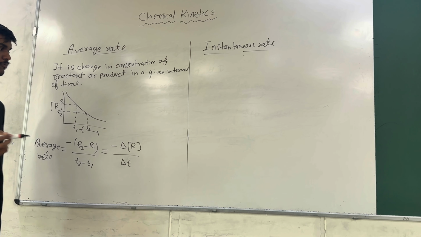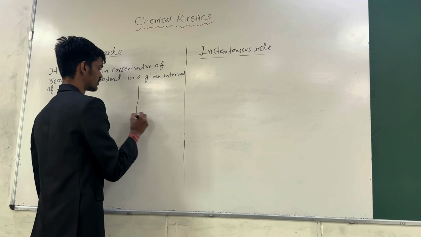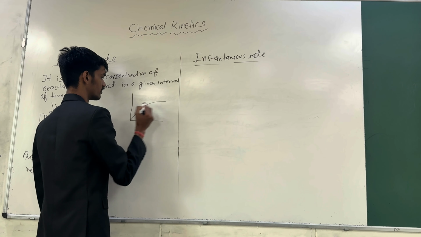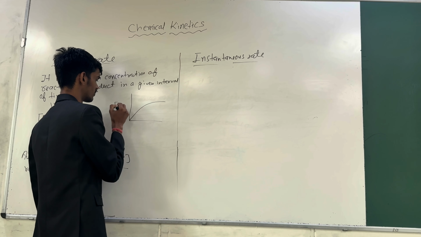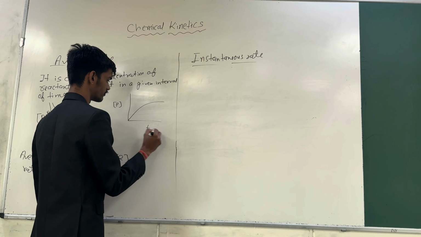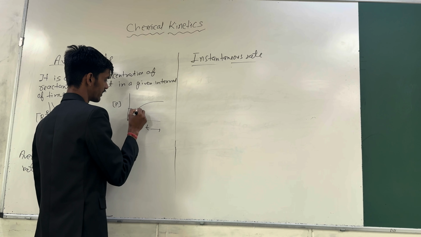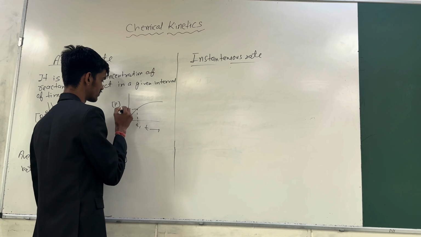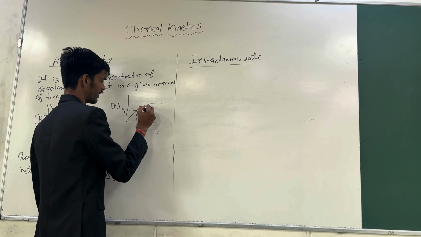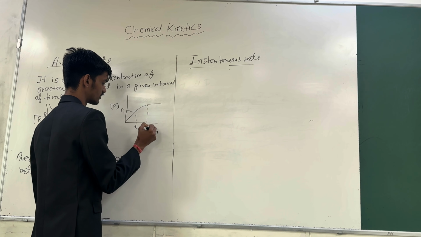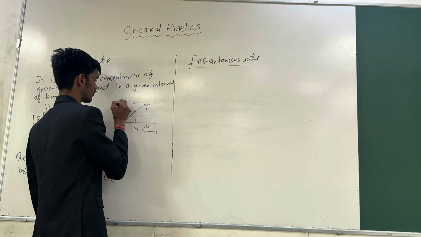If I talk about product, the product concentration increases with time. Let us suppose at time t1 the product concentration is P1 and at time t2 the product concentration is P2.